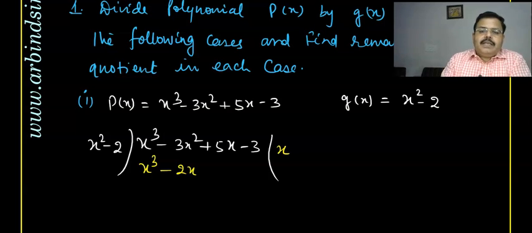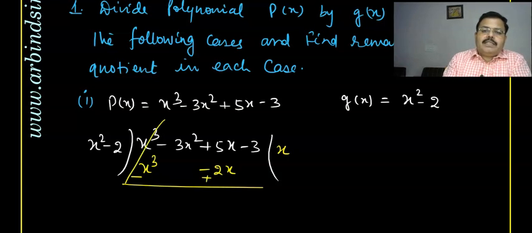We write it below, with the signs changing: this will be minus, this will be plus. So these two cancel out. What is left here? Minus 3x square, 5x plus 2x is 7x, minus 3.